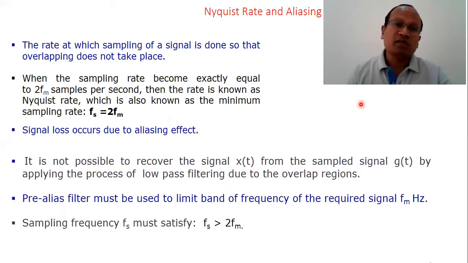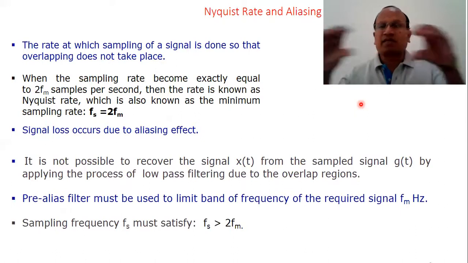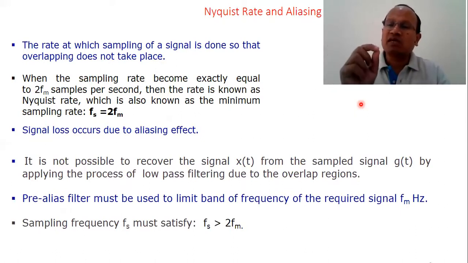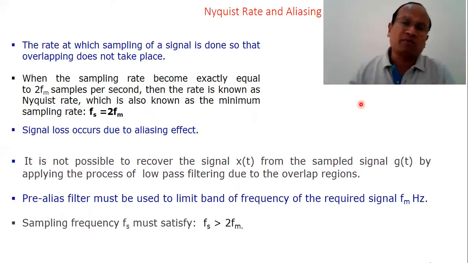What is the sampling theorem? The sampling theorem says that the sampling frequency of the sampler must be greater than twice the maximum frequency of the message signal, the signal which we want to sample, modulate, or encode.